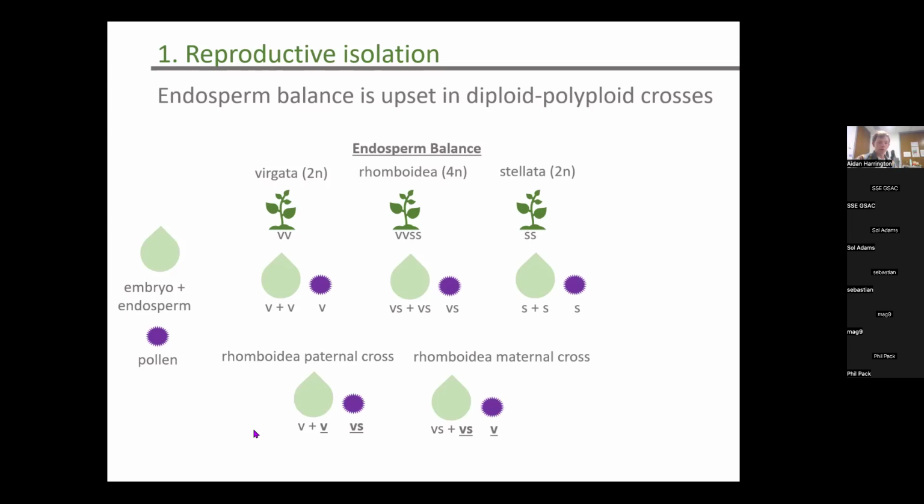And if it's the maternal parent, the endosperm will have both complements of the genome. So when you make these crosses, you end up with these different ratios of maternal to paternal genome copies in the endosperm. So you end up with one maternal copy and two paternal copies when Rhomboidea is paternal, and the opposite case when Rhomboidea is maternal.